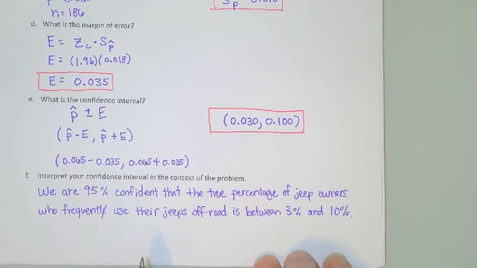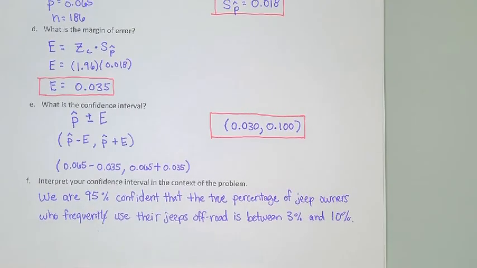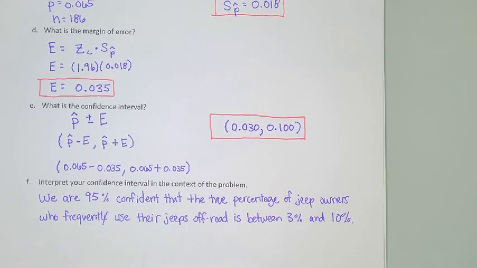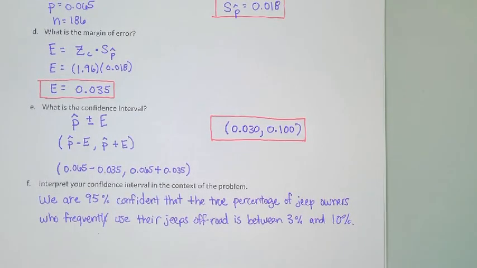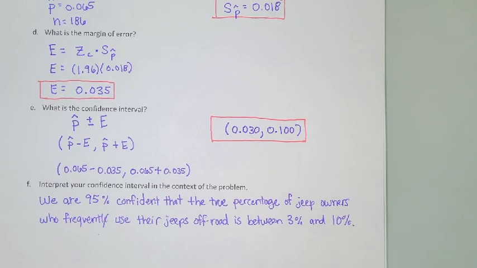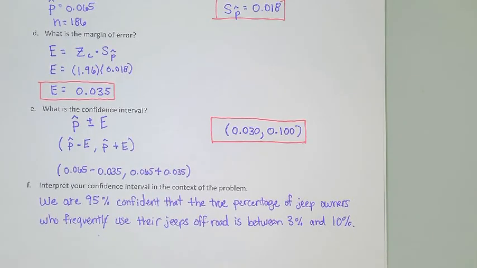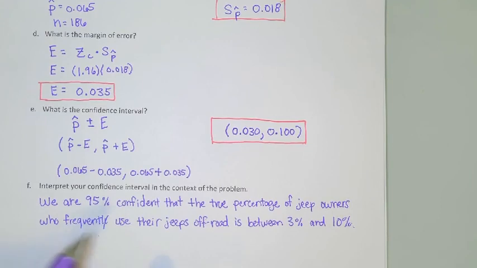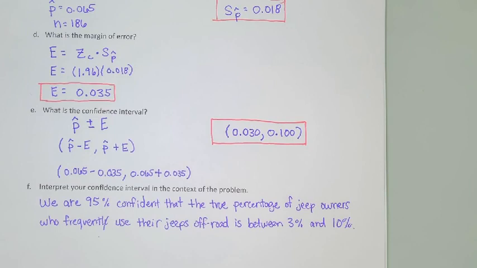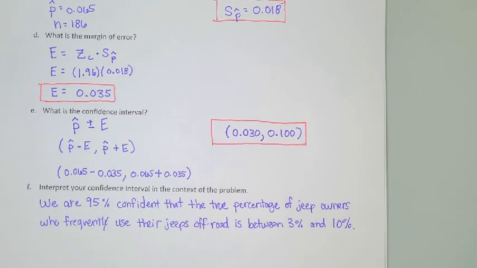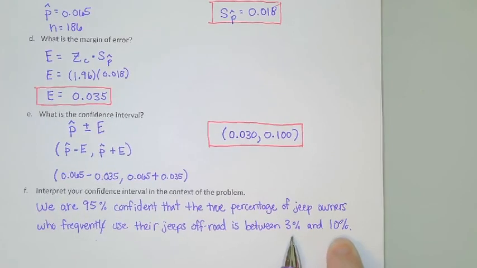So if we were to do this 100 times, on 100 different occasions taking a sample of 186 Jeep owners and asking them how frequently they use their Jeeps off-road, we would expect that 95 out of those 100 samples are going to give us a proportion somewhere between 3% and 10%.